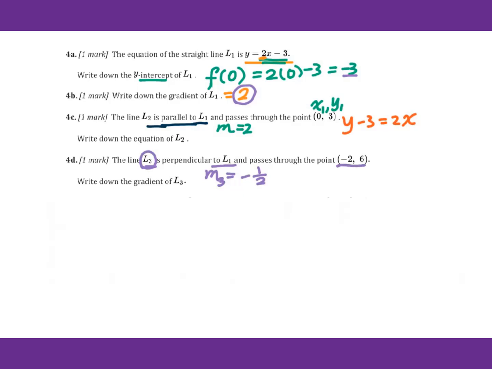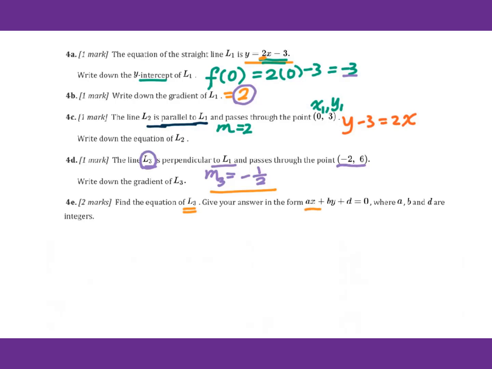Write down the gradient of L3. That is negative 1/2. Find the equation of L3. Give your answer in the form ax plus by plus d equals 0, where a, b, and d are integers.